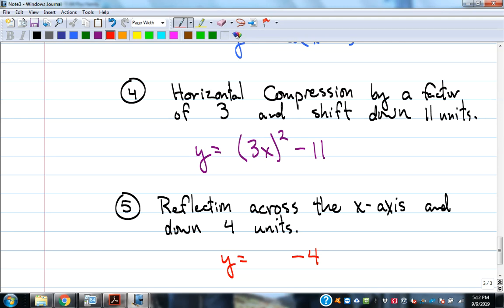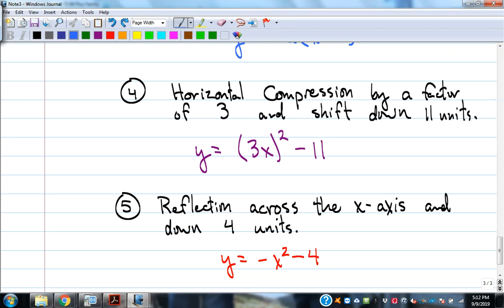That's the way it helps you remember. Moving vertically across the x-axis, so that's going to be on the outside. So it'd be a negative and then x squared. If it was a reflection across the y-axis, you would put that in parentheses. Across the x-axis, negative on the outside.